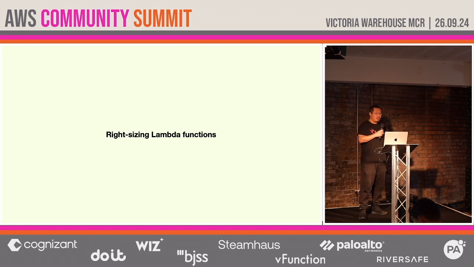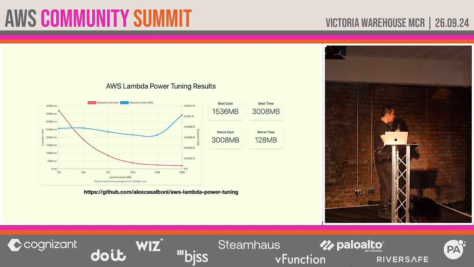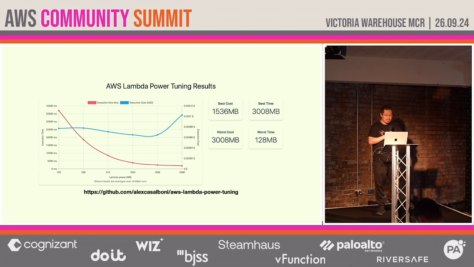As for how you actually optimize your function, I think Luke must have gone through this earlier. I think the talks are recorded, so when the recordings are out, please watch his talk again. But ultimately, probably the most popular option to do right-sizing of Lambda functions is to use the Lambda Power Tuning tool, so that you can essentially take your Lambda function, use a Step Function to create multiple versions of it with different memory settings.